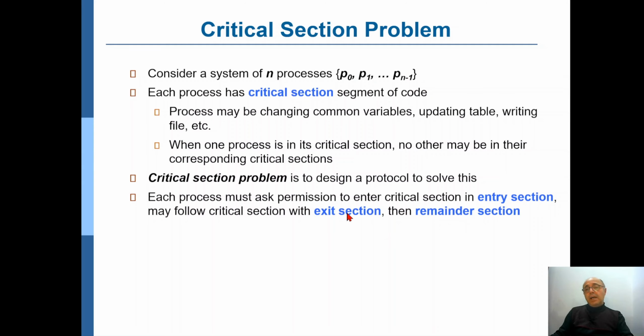And after it has exited its critical section, for the remainder of the program, which is outside the critical sections, those parts of P0, P1, P2, whatever, could be run concurrently in the way the scheduler imposes. There's no problem with the remainder section. The problem is with the critical section.